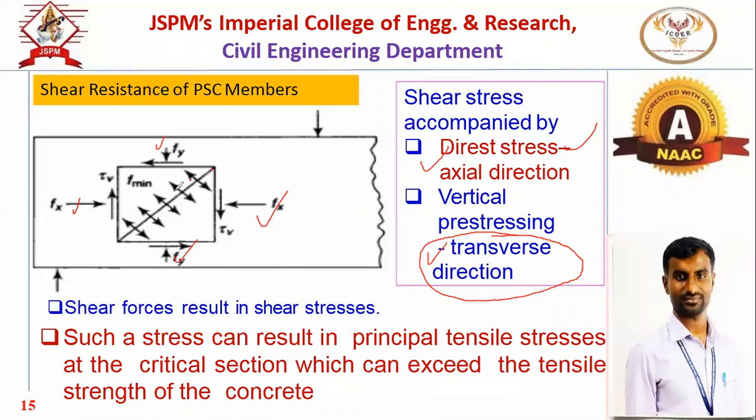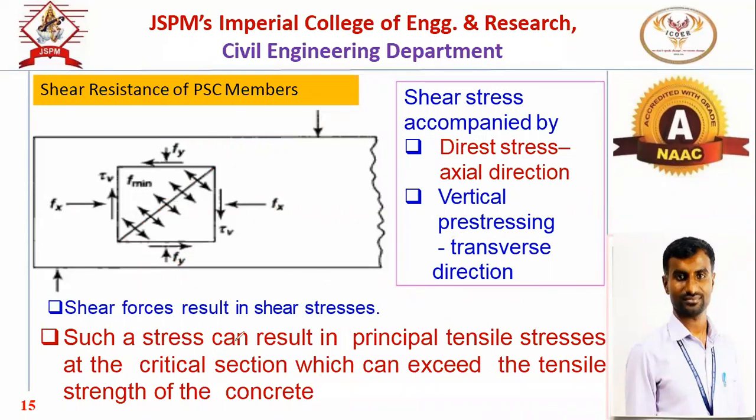So at certain critical sections, we will get the complex stress. That's why we have to study this shear resistance. Shear forces result in shear stresses, that we know. So what is shear stress? Shear force divided by the cross-sectional area, that is nothing but the shear stress that we have studied in SOM also.